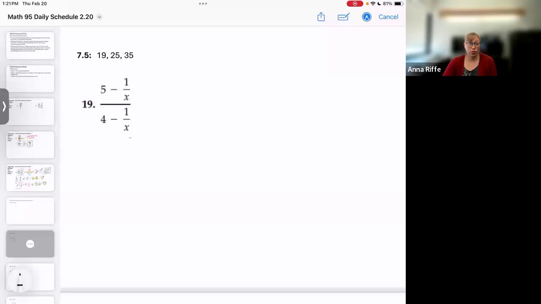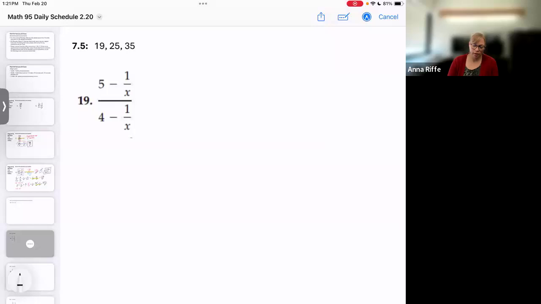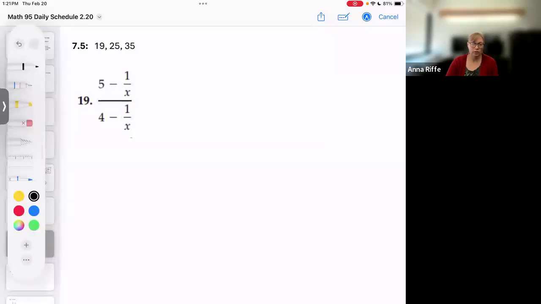So again, fractions. Anytime that we are working with fractions, I again have a combination of division. So that's what this fraction line indicates. That's division. And then I also have subtraction, top and bottom.